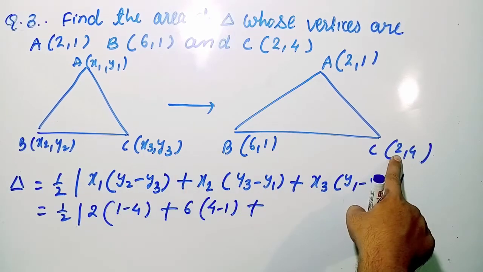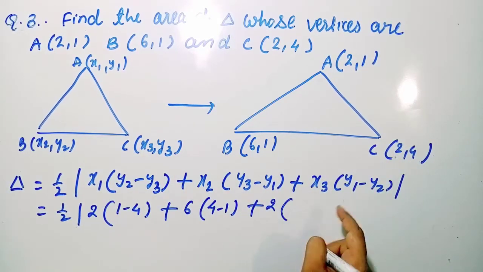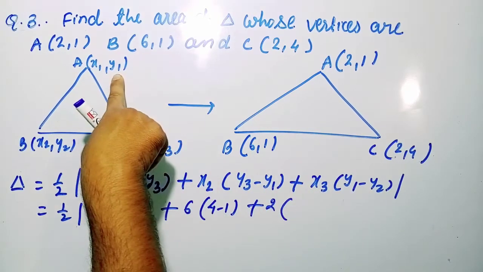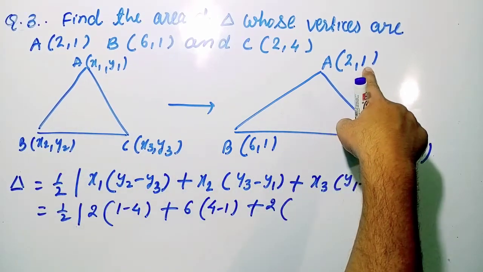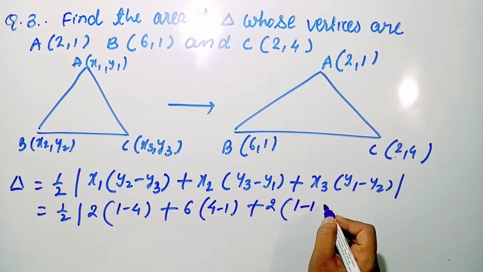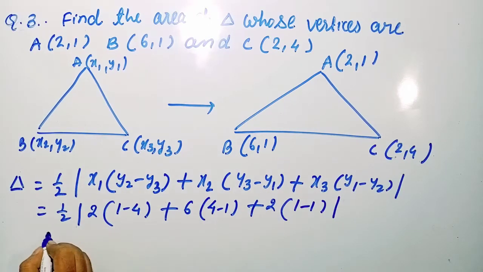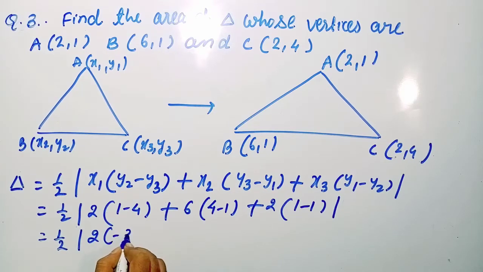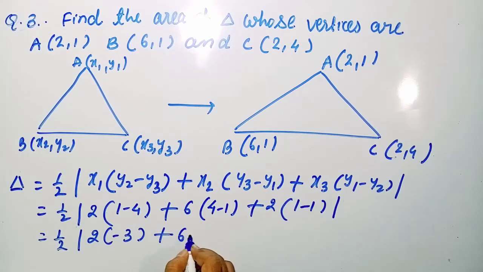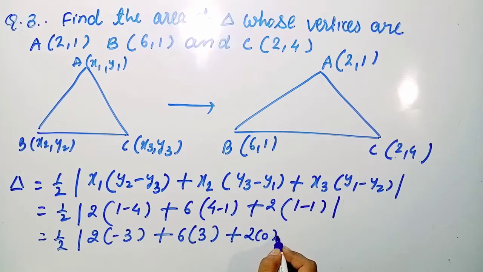The value of x3 is 2, y1 minus y2, y1 is 1 and y2 is 1, so 1 minus 1. So 1 by 2 modulus, 2 in the bracket minus 3, plus 6 into 3, plus 2 into 0.